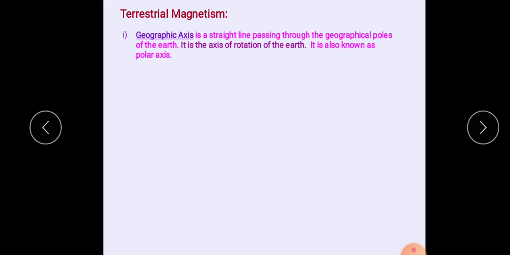Now we can discuss terrestrial magnetism. Terrestrial means it is related to Earth. Terrestrial magnetism is exactly Earth's magnetism. Earth behaves like a magnet. Then, is there any magnet inside the Earth?